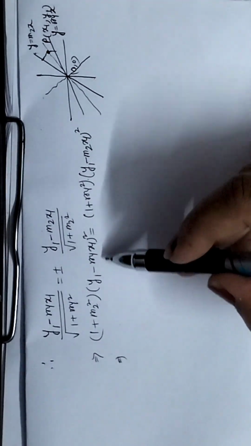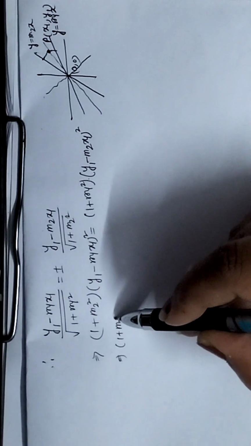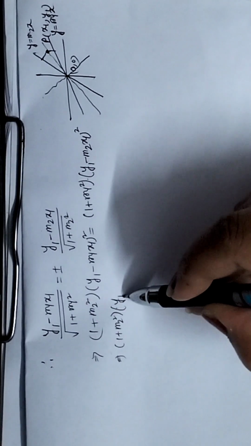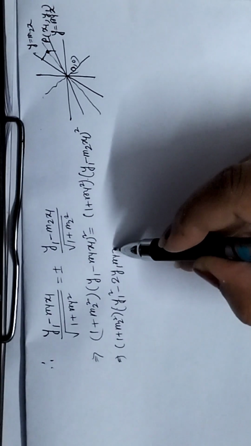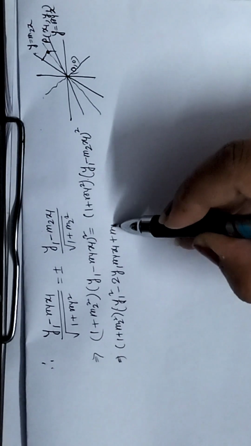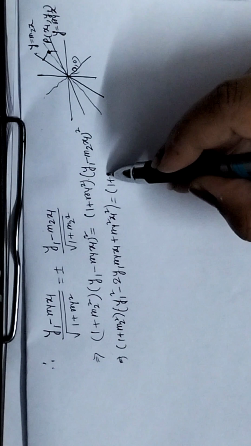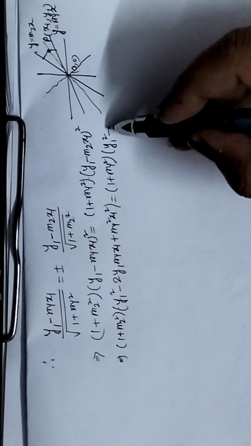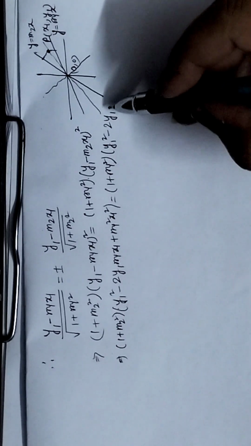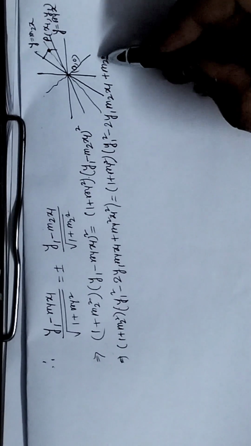That is, first of all we have to expand this one by using formula: 1 plus m2 square into y1 square minus 2 y1 m1 x1 plus m1 square x1 square equals to 1 plus m1 square into y1 square minus 2 y1 m2 x1 plus m2 square x1 square.